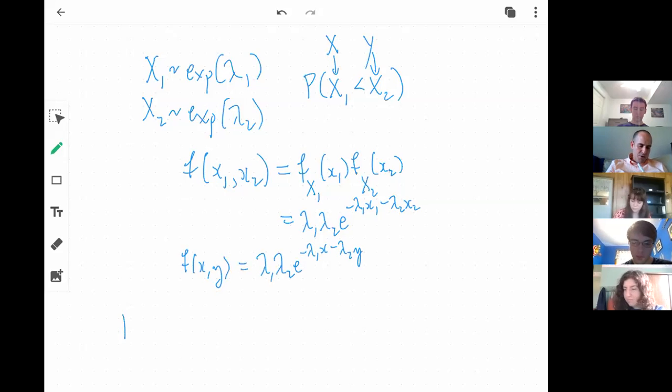And then how would I compute the probability that x is less than y? What would I do? How would I do that?